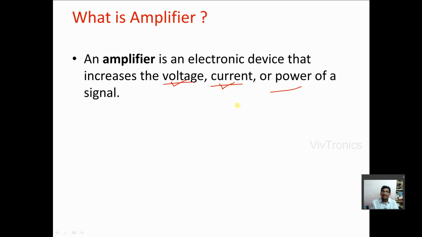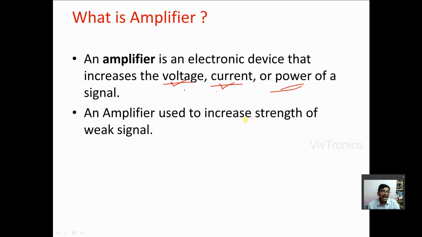If the amplifier is amplifying both voltage and current, then that is called a power amplifier. Similarly, one more definition for the amplifier is: an amplifier is a circuit that is used to increase the strength of a weak signal.